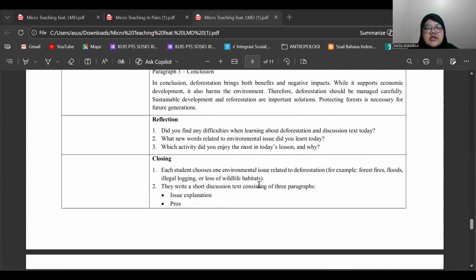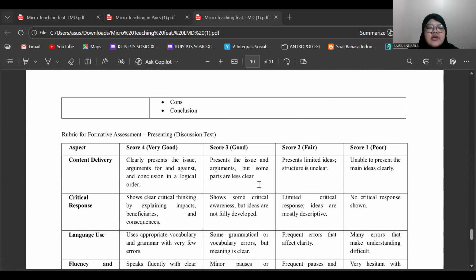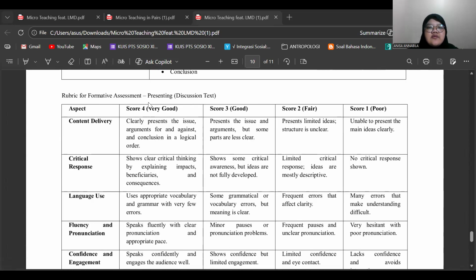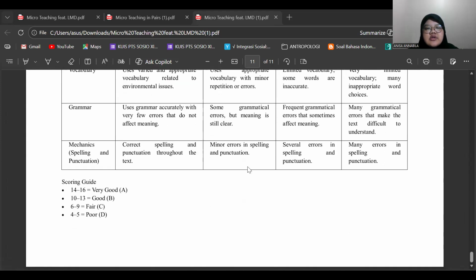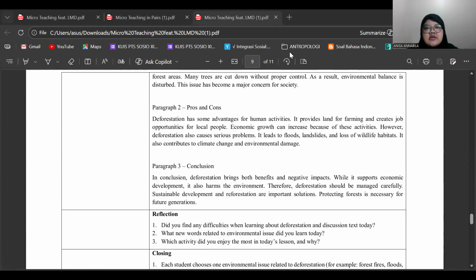And finally the reflection, closing, and also the rubric, one for presenting and one for writing. Okay, I think that's enough.